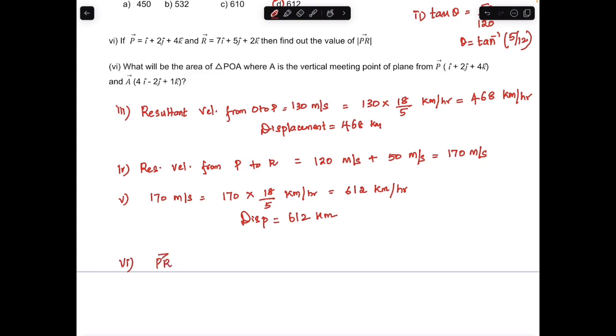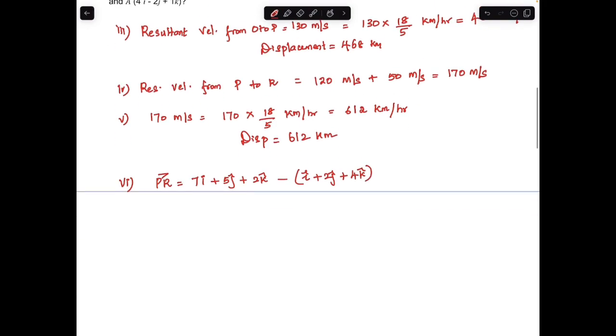PR vector is equal to position vector of R minus position vector of P. That is 7i plus 5j plus 2k minus i plus 2j plus 4k, which gives us 6i plus 3j minus 2k.